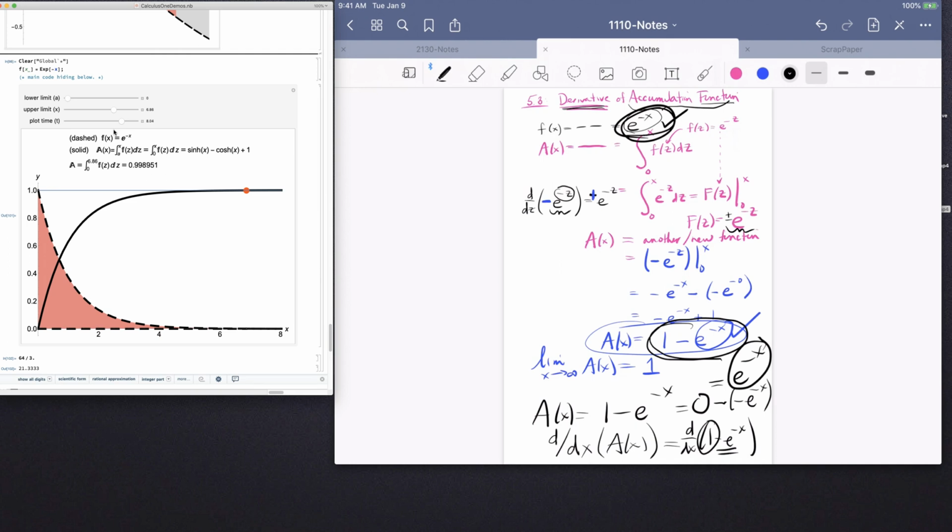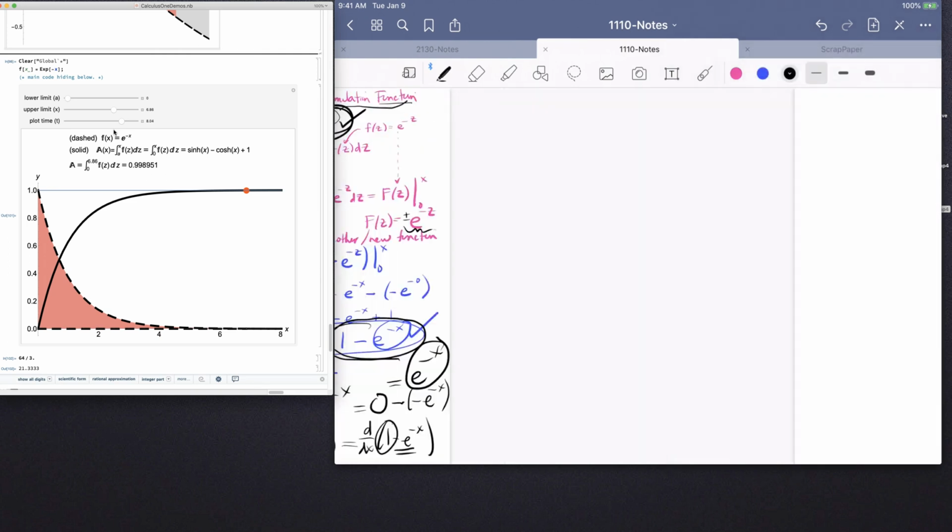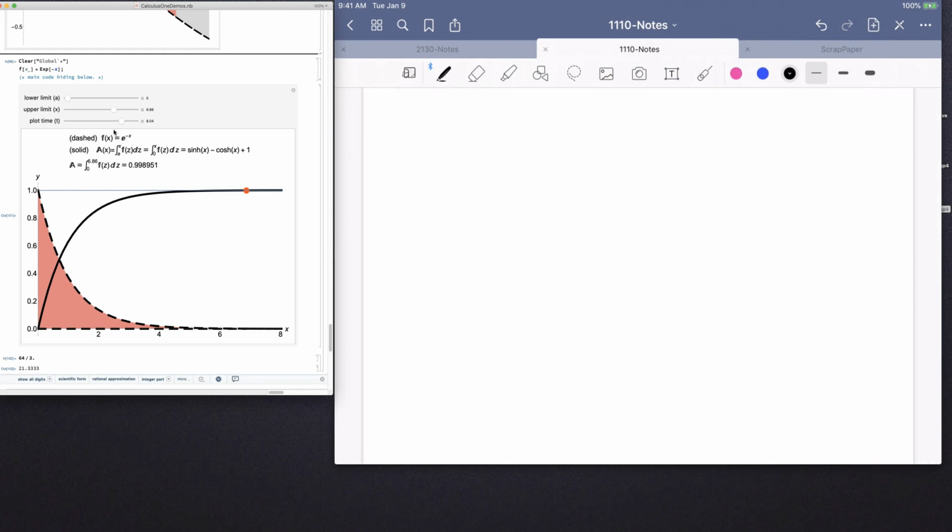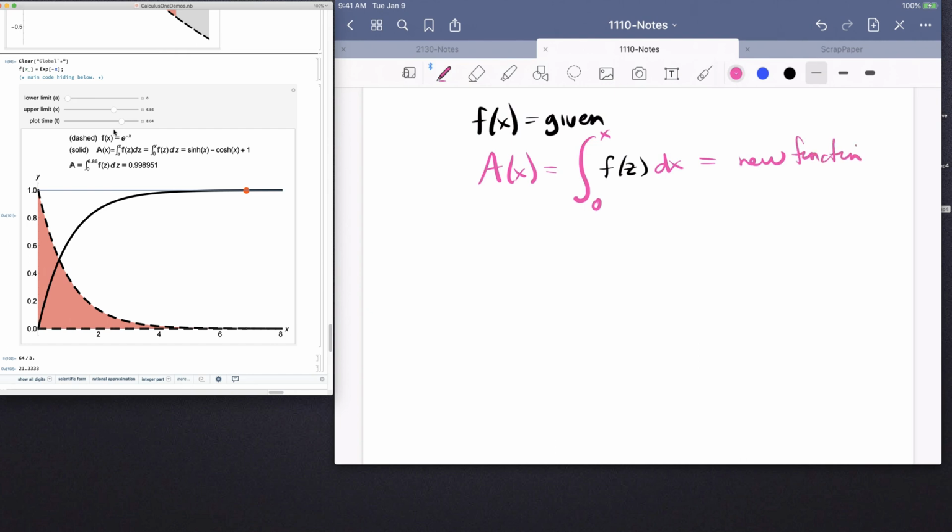Okay. So what we're seeing in this example is a special case of something called the fundamental theorem of calculus part 1, that if you have a function f of x that is given to you, and we make an accumulation function, which is the definite integral from 0 to x of f of z dz, right, that this will be a new function that we can then try to take the derivative of.